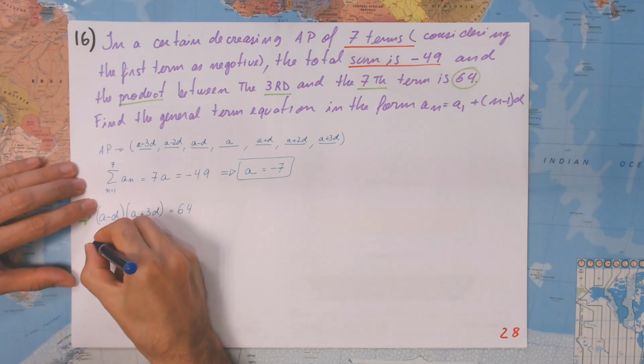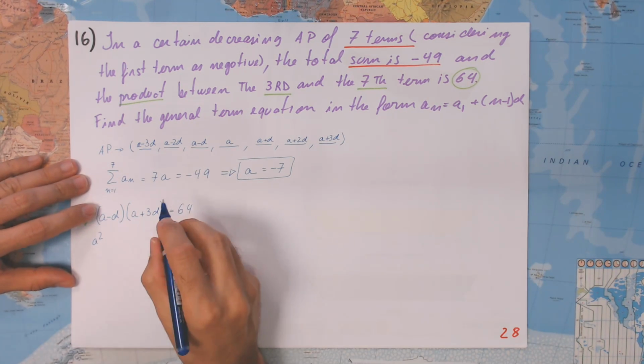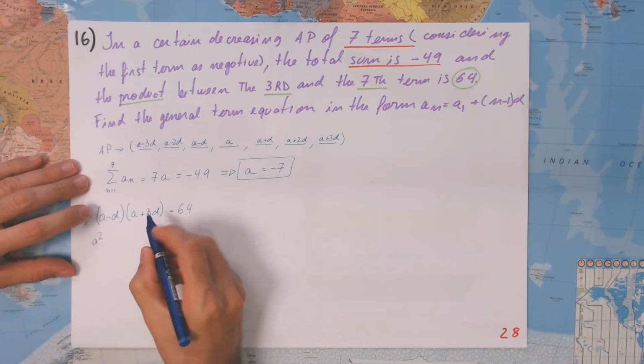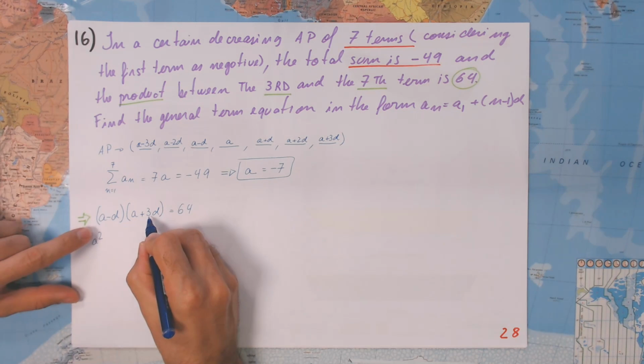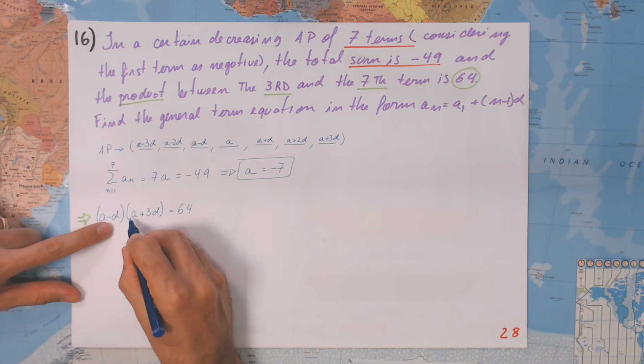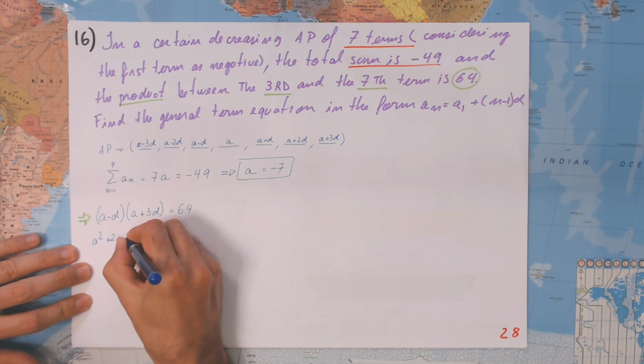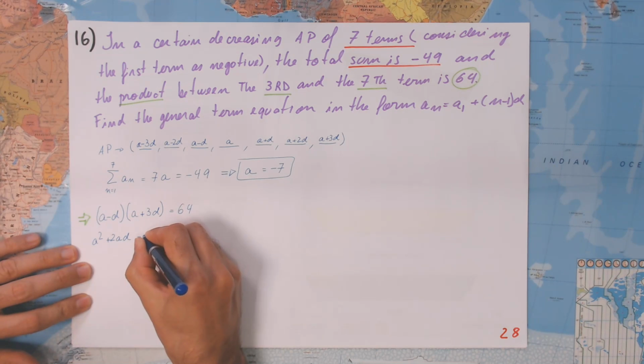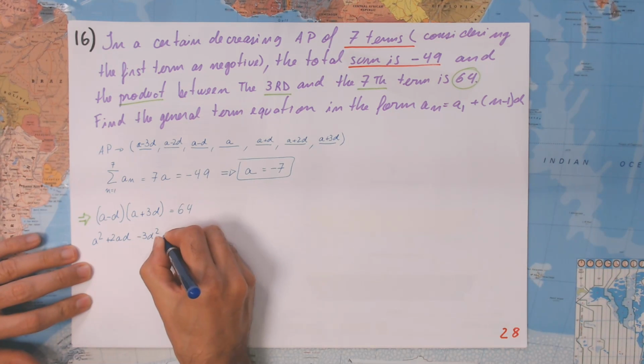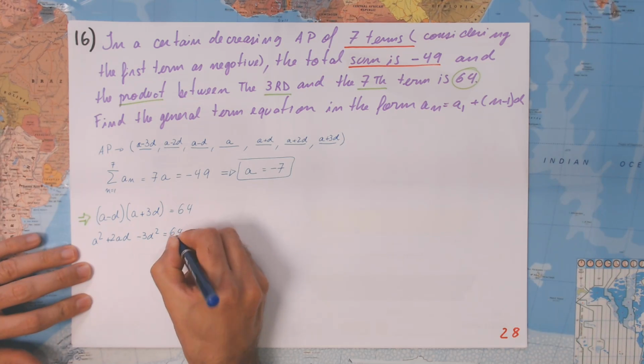Well, this is going to be A squared, now plus 3AD minus AD. This is going to give us plus 2AD minus 3D squared. This is going to be equal to 64.